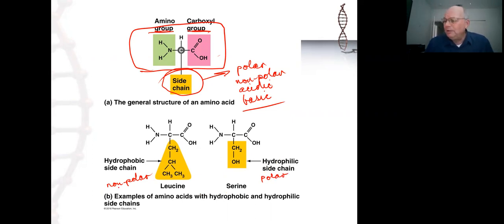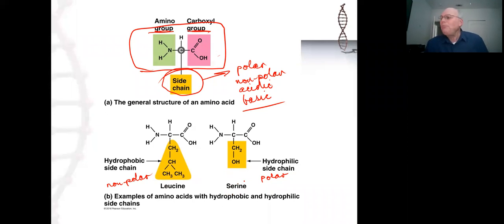So we would expect to find leucine in a region that is non-polar inside the polypeptide. And we would expect to find serine not so much inside the polypeptide, but on the outside of the polypeptide where it would be in contact with water, because it's a polar amino acid.